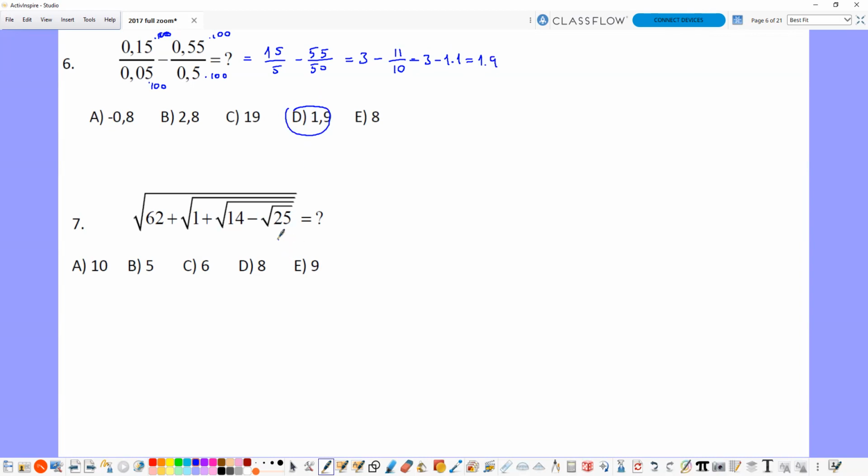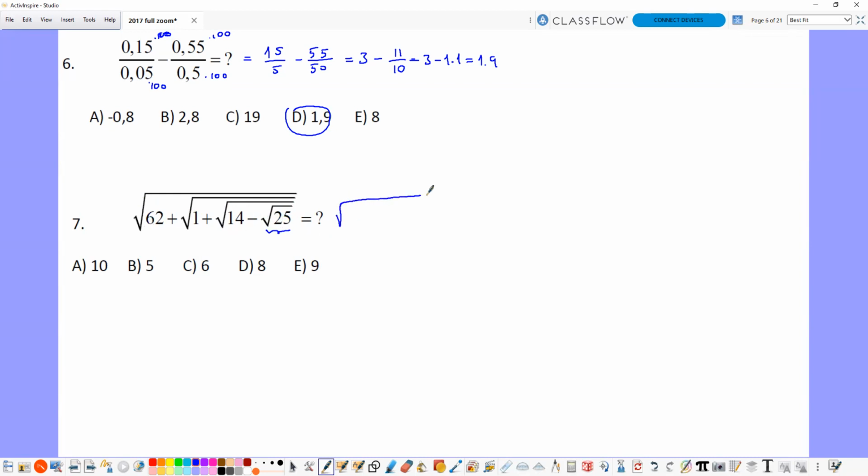If you remember the root questions I told you before, we have to start from the inner root, which means I have to start from here. So I have to get rid of this value, root 25, and continue from the inner root to the outer side.